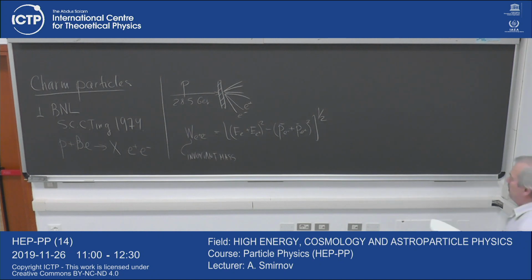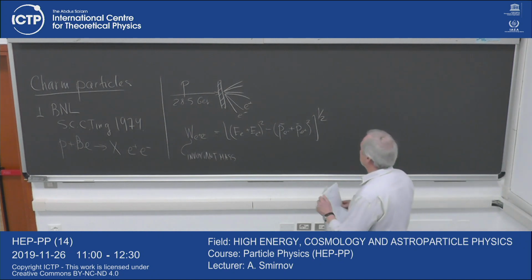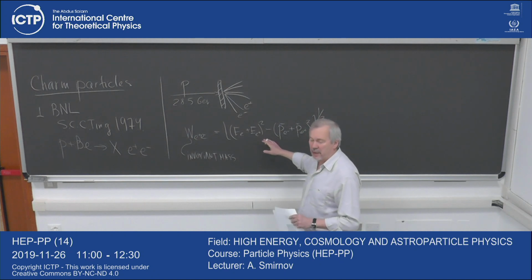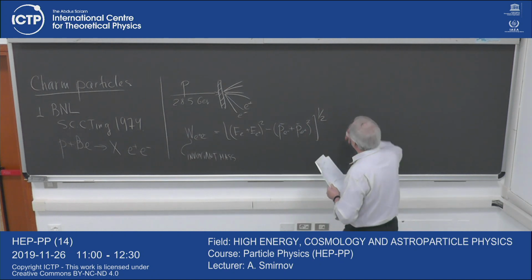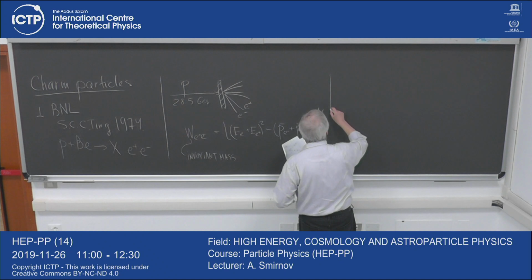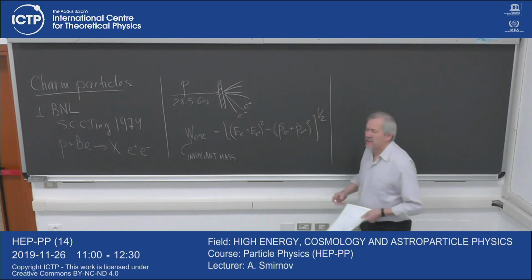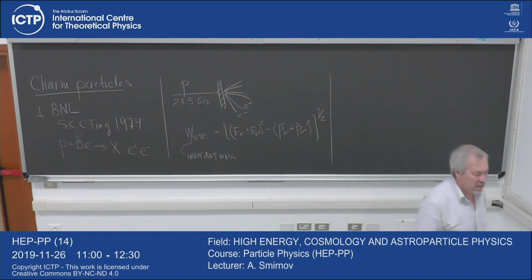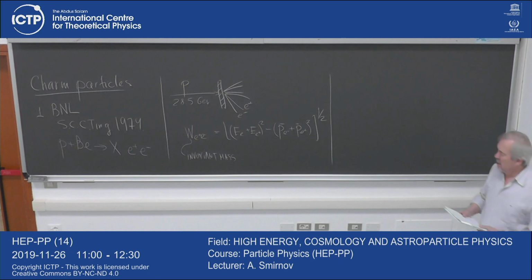So the idea of the experiment is to measure all the characteristics of e+ and e-. Let me give you some details, because this is one of the first experiments which uses multiple detectors. This is what is realized to a large extent at LHC experiments.